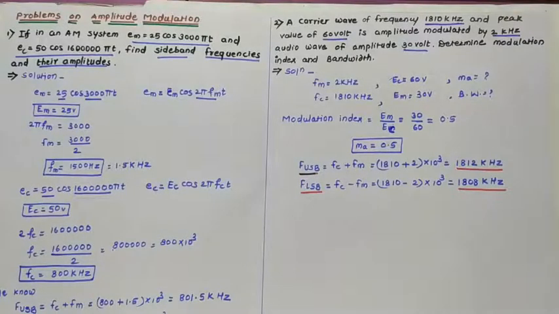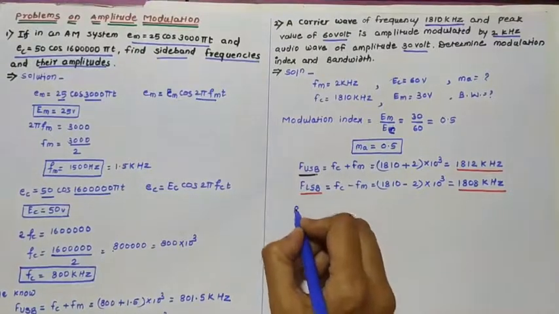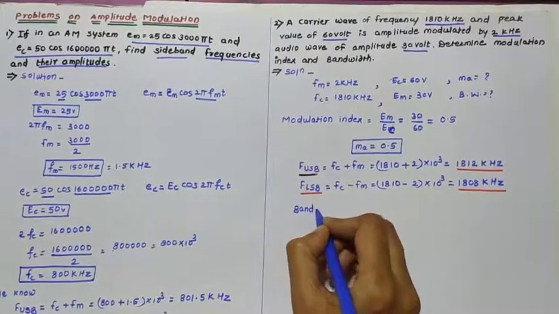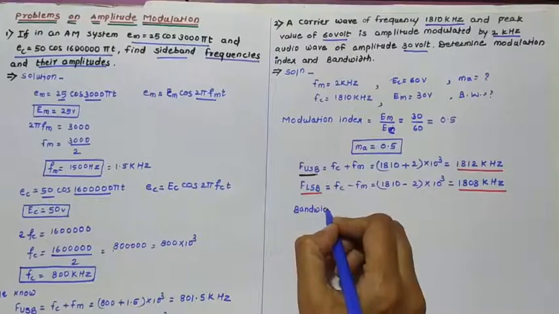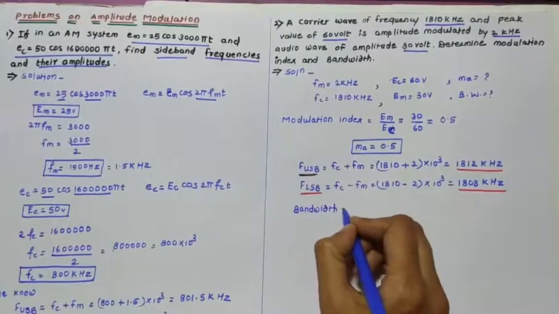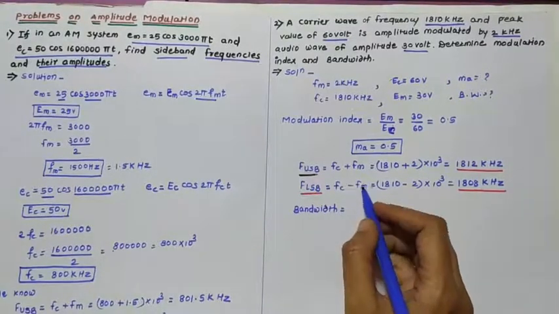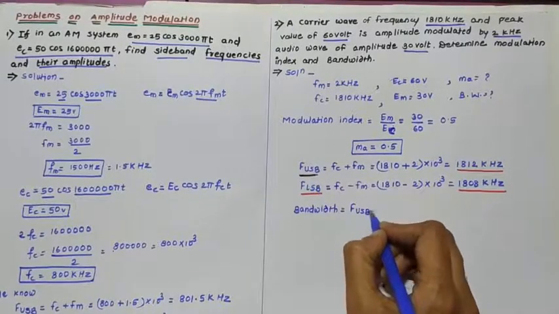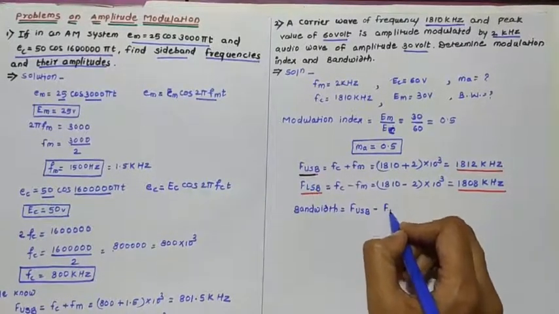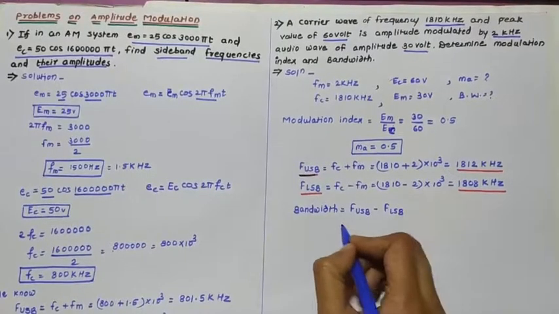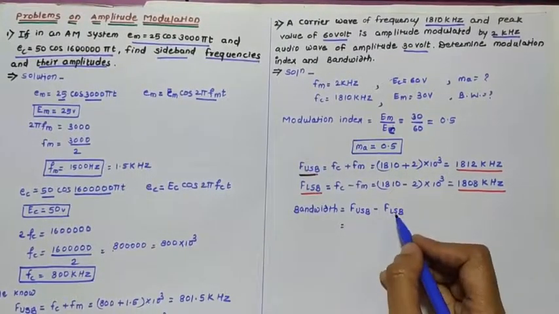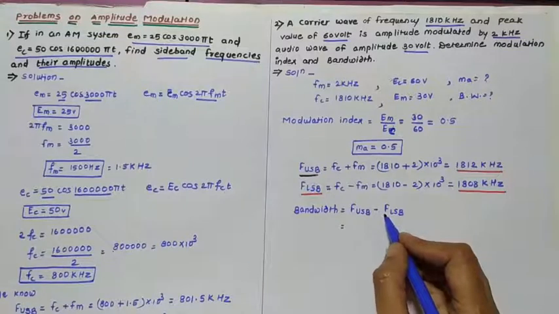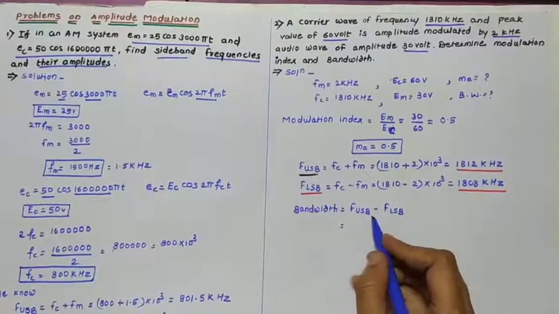Now bandwidth is given by bandwidth is equal to FUSB minus FLSB, which means we have to subtract lower sideband frequency from upper sideband frequency.